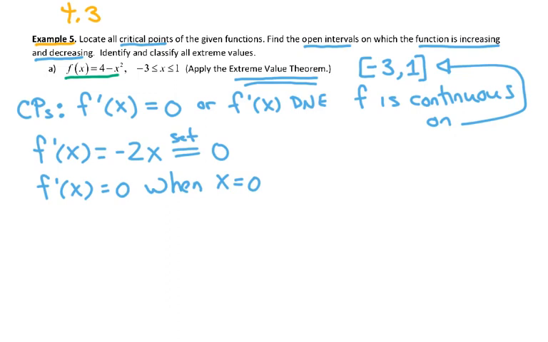So what are we going to do? We also have to find where it's increasing and decreasing. So to do that, we set up test intervals.